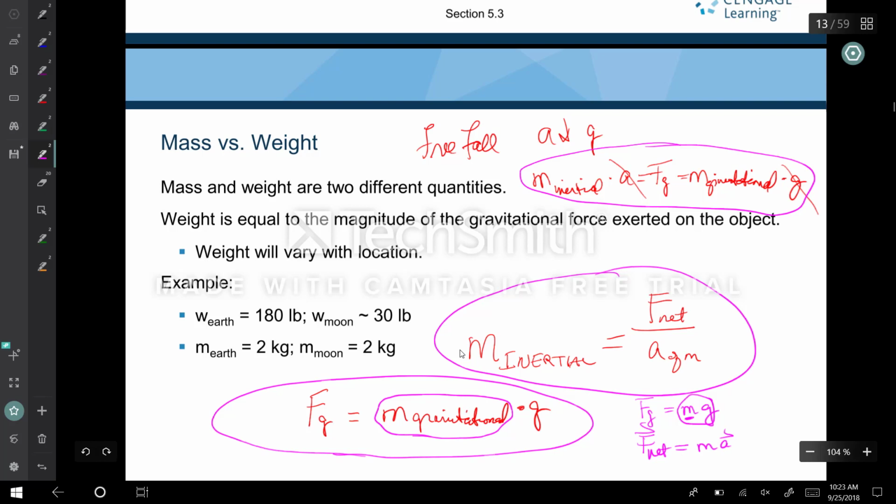So, on the Earth's surface, where we have a fairly constant value of g, we can determine the mass of something by measuring its weight. And that's what we do with most things, not all things, but most things.